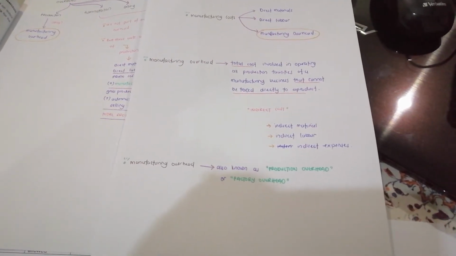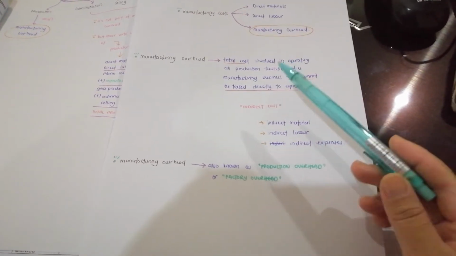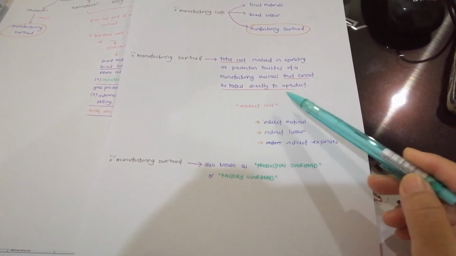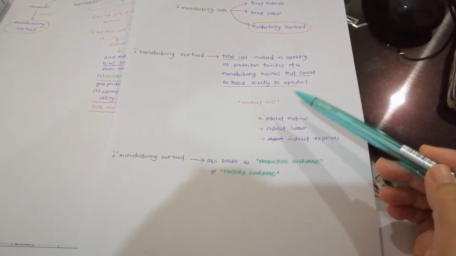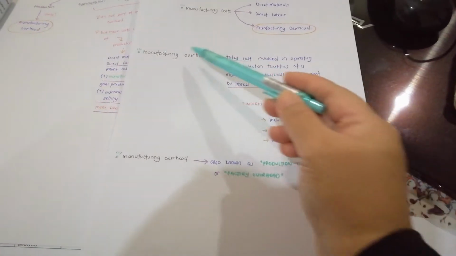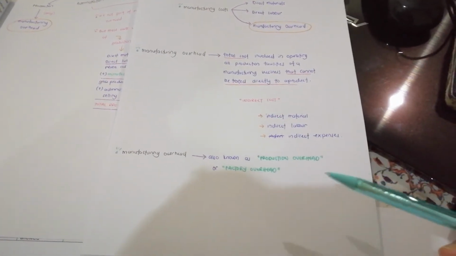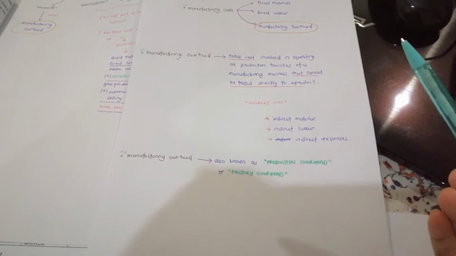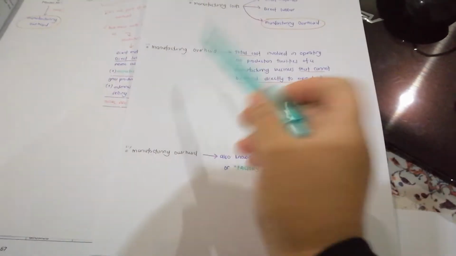When we talk about manufacturing overheads, we know from its definition that it is the total cost that cannot be traced directly to a product. But we have to allocate or distribute this manufacturing cost to each department involved in producing that product. So how are we going to allocate manufacturing overhead?